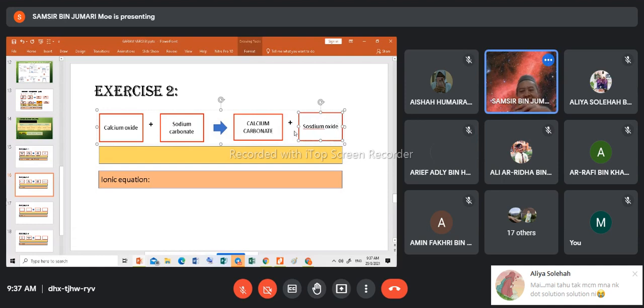Okay, we look at the method of preparing an insoluble salt. The two reactants must be in a solution or in aqueous state.